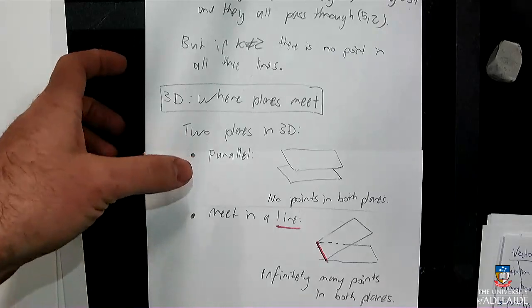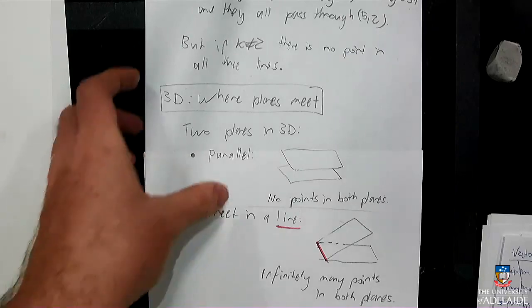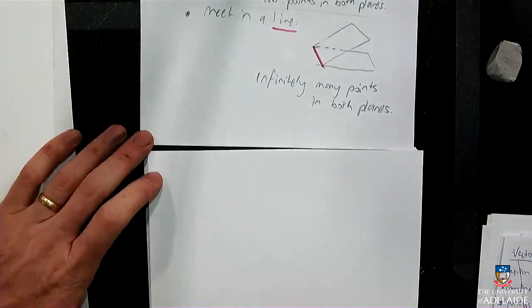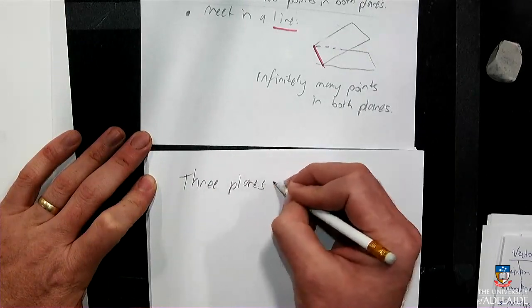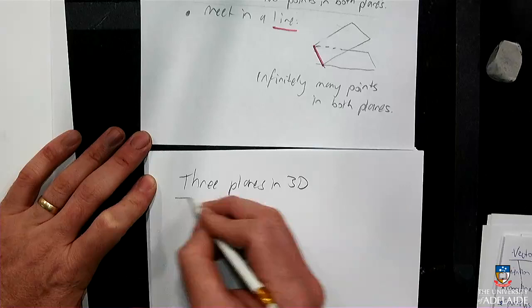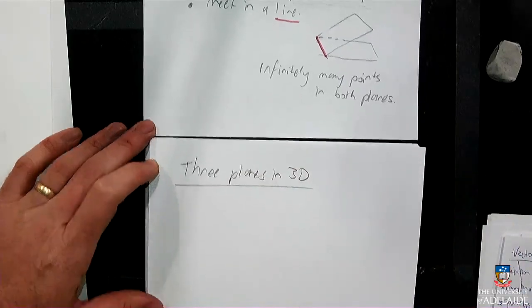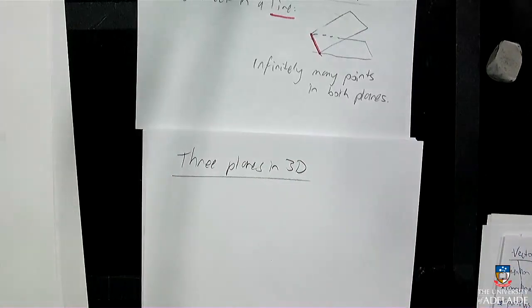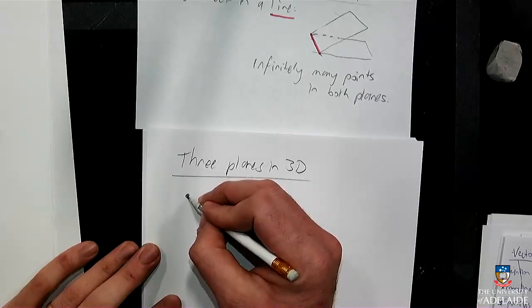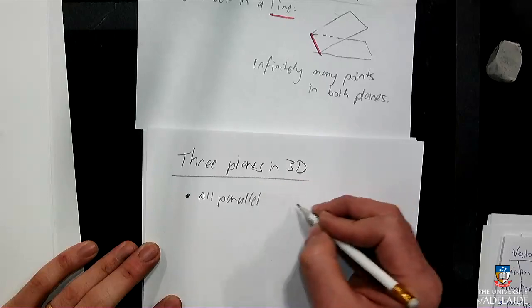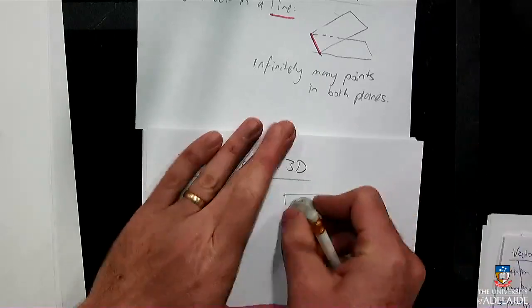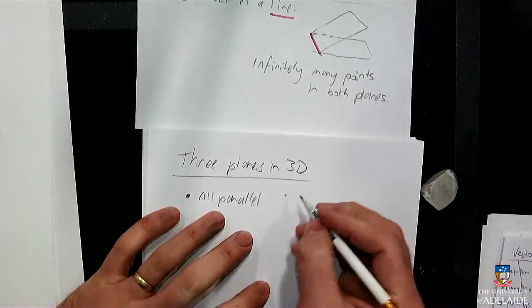Okay, but I am going to talk about what happens with 3 planes, or possibly more than 3. It gets more and more complicated the more of them you have. When there's 3 planes in 3D, they could all be parallel. That's totally possible. My planes are getting less and less rectangular.